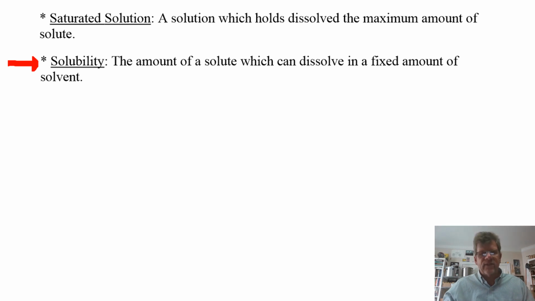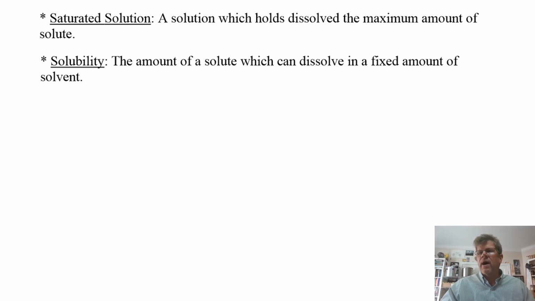So we have a fixed amount of solvent, and then we can measure the amount of solute which can dissolve in it, and that would be the solubility of that solvent for a particular solute. Now, solutes are not all the same. Different solutes can dissolve to differing extents in the same fixed amount of solvent.